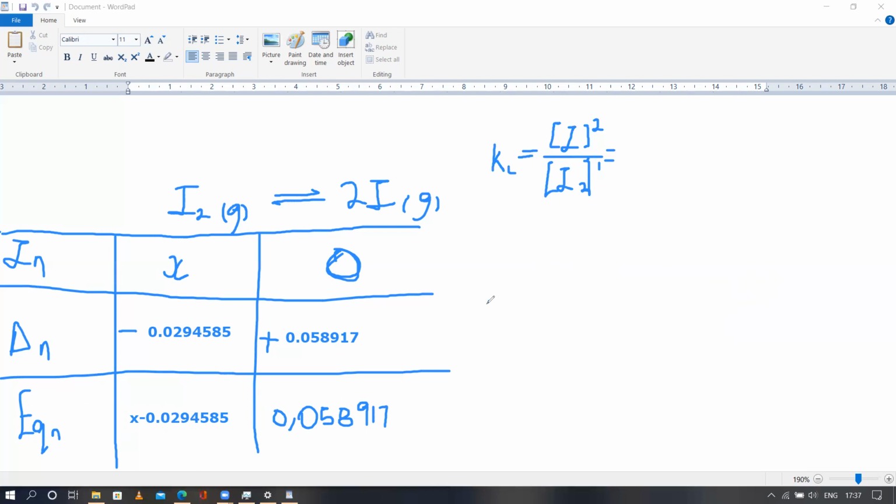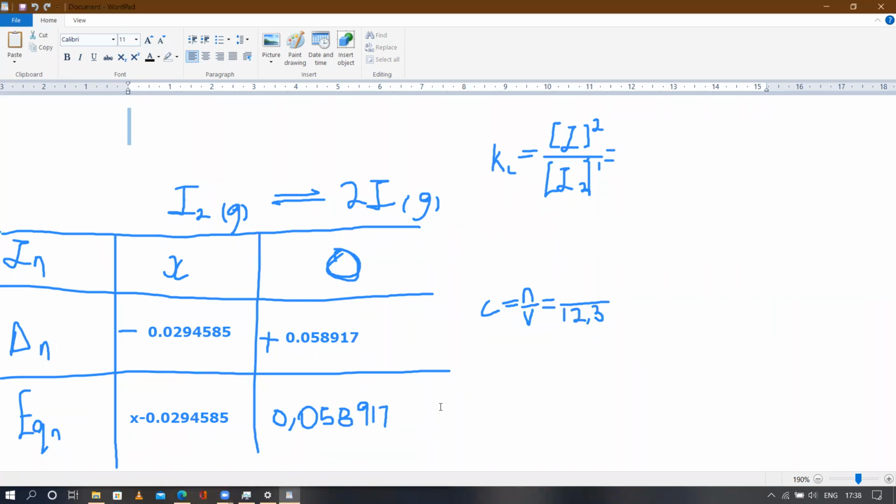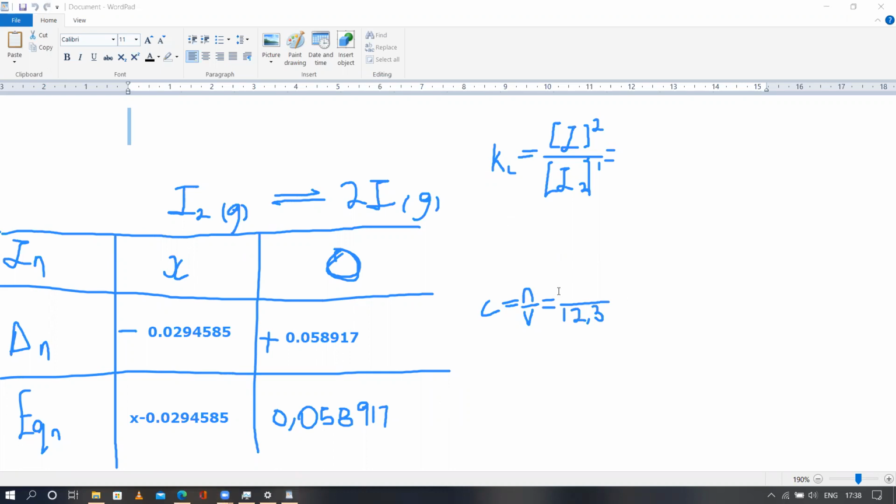So your C is gonna be equal to n over V. So we know that our volume is 12.3 liters. And our number of moles is 0.0589117.